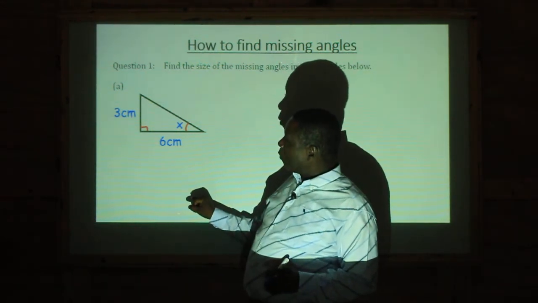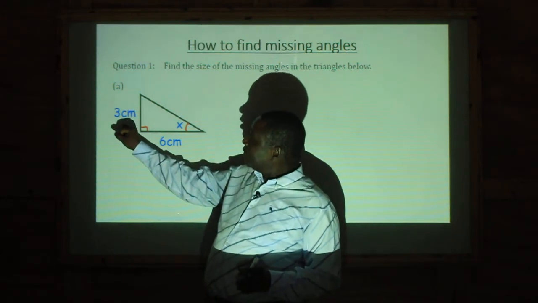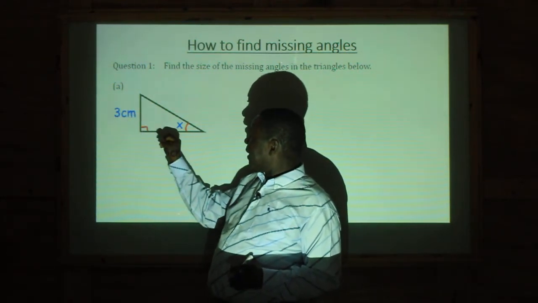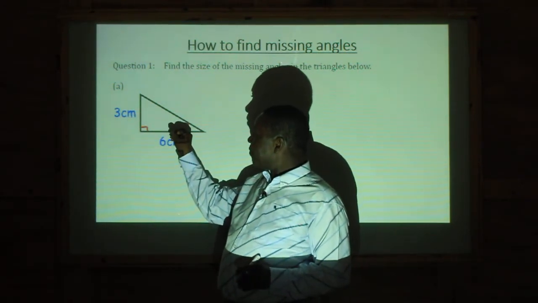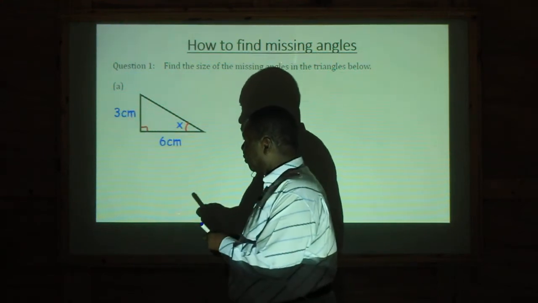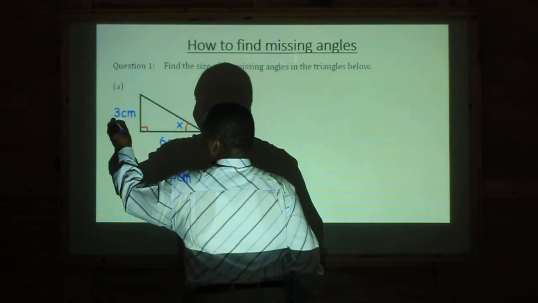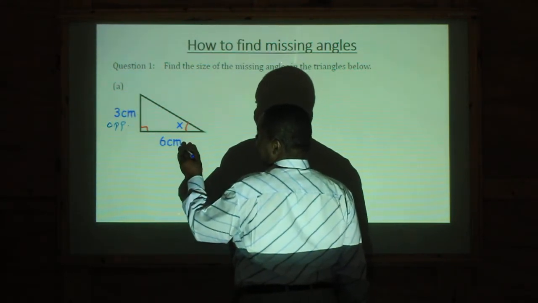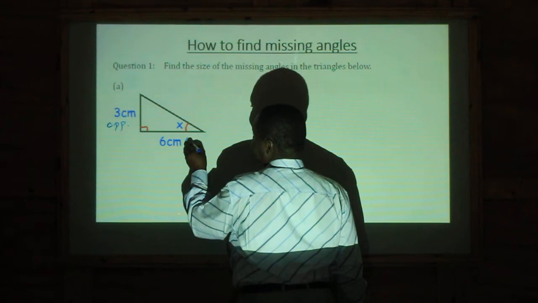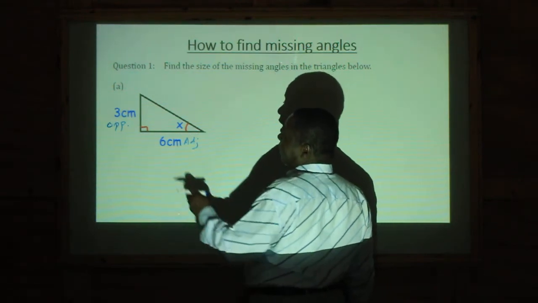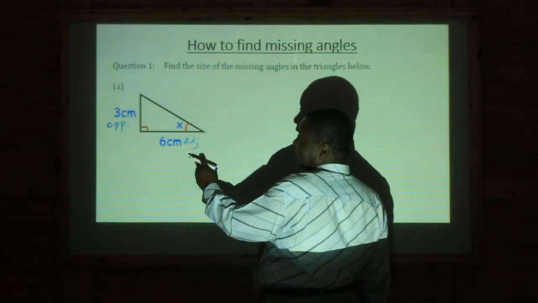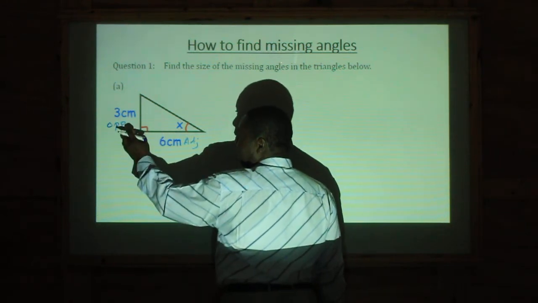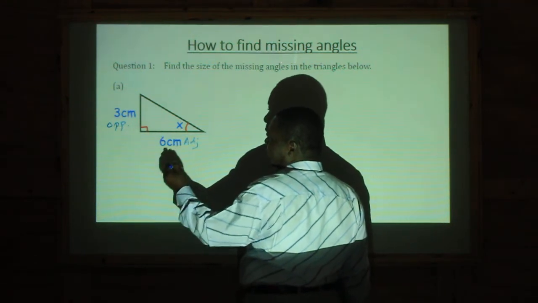You ask yourself a question: what is the relationship of this side to this angle? Of course, just like what we see, this is the opposite. And this other side that is given is the adjacent. So you can see that you've got opposite all over adjacent, and we now know that opposite all over adjacent is always the tan.